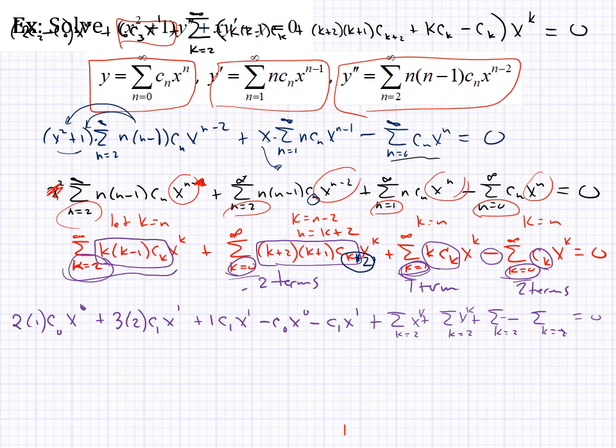Well, it did, because if k equals 0, this should be c sub 2. Where was that? That was the two terms. So this should be c sub 2. And k equals 1, this should be c sub 3.